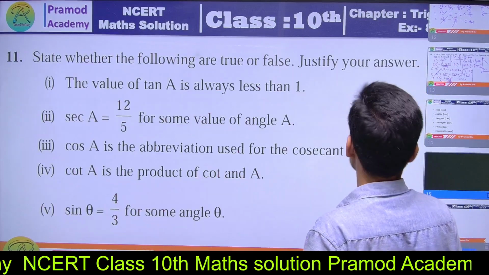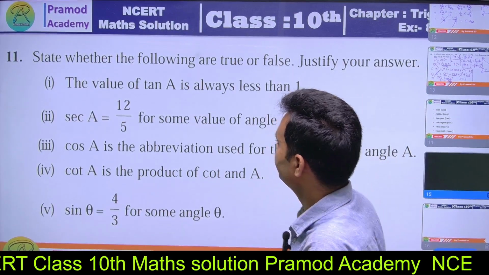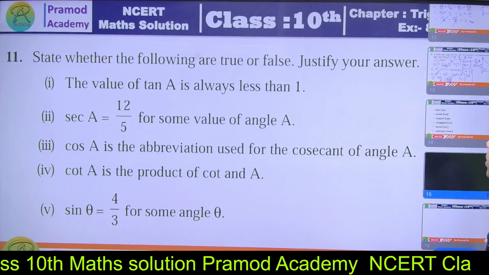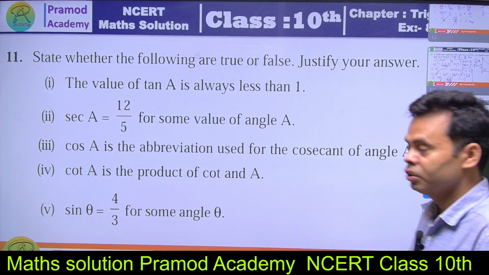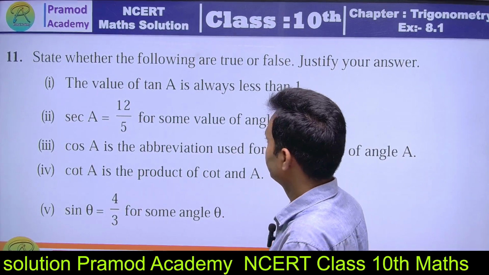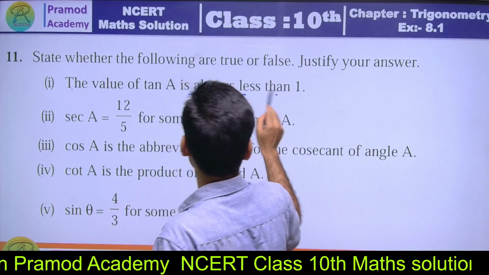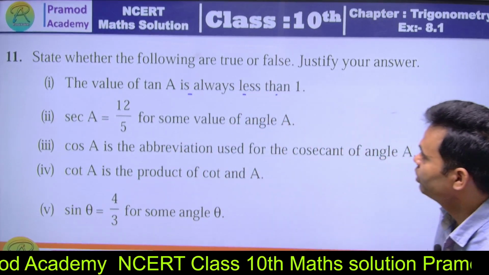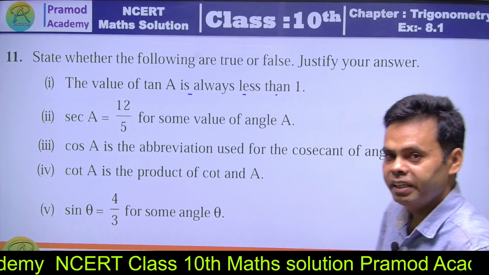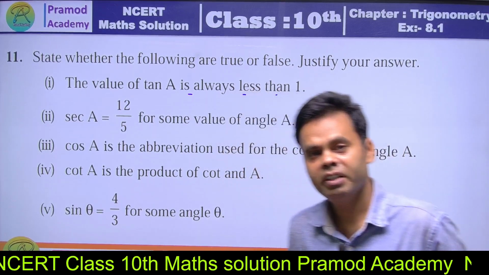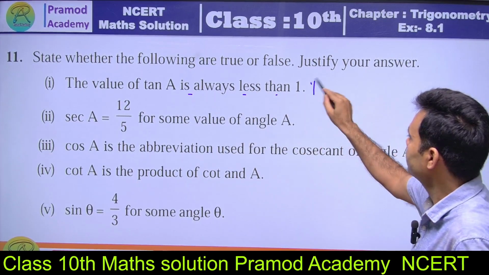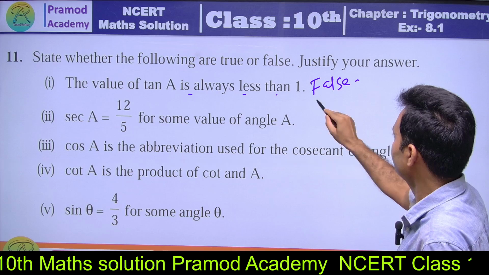Now question 11. State whether the following are true or false. Justify your answers. The value of tan A is always less than 1. This is false. Why is it false?